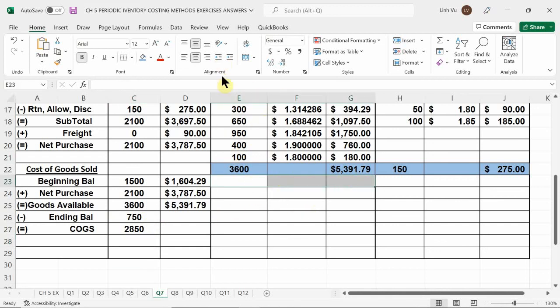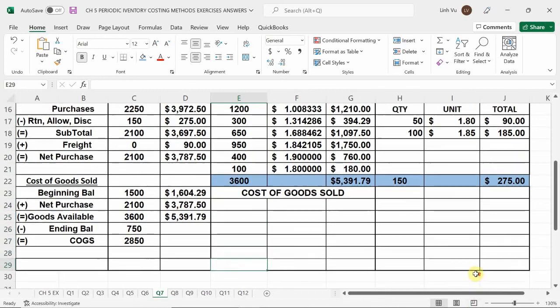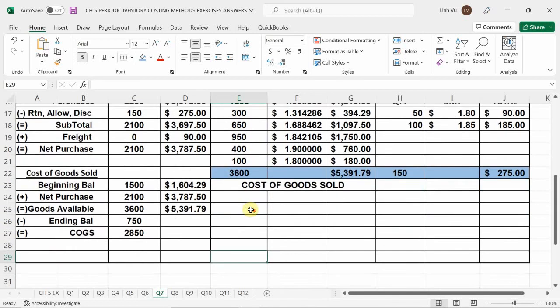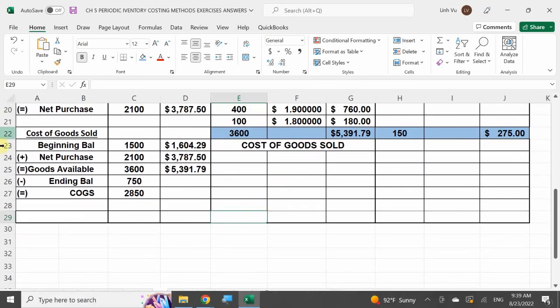So let me go ahead and build my table here as my cost of goods sold. Okay, so 1, 2, 3, 4, 5, 6. How many do I need? 1, 2, 3, 4, 5, 6. Okay, so I need to insert one more.